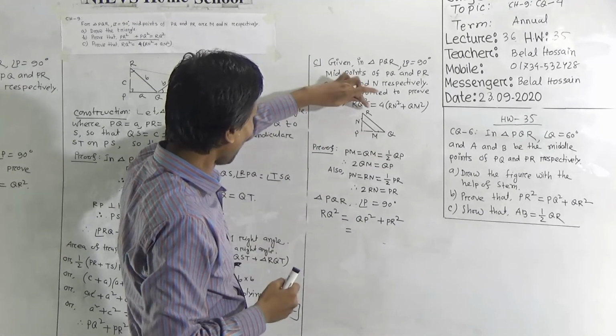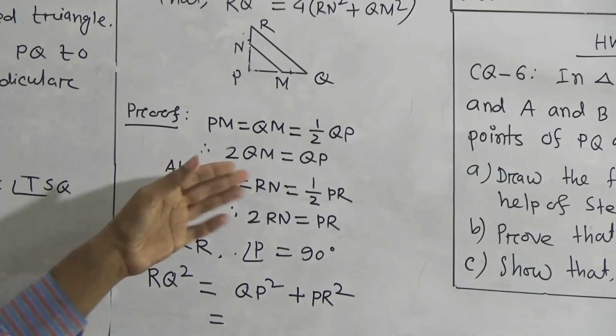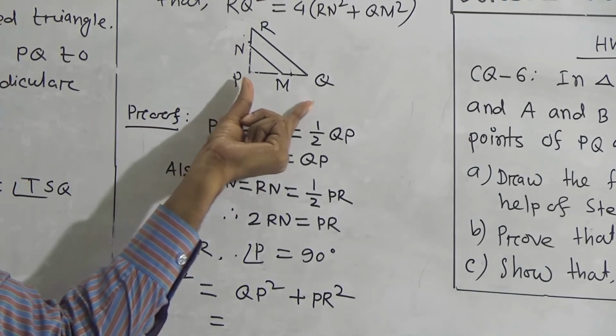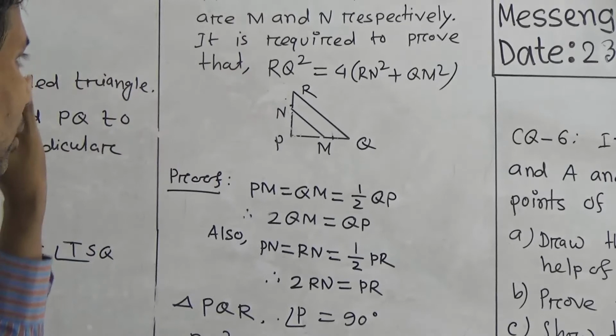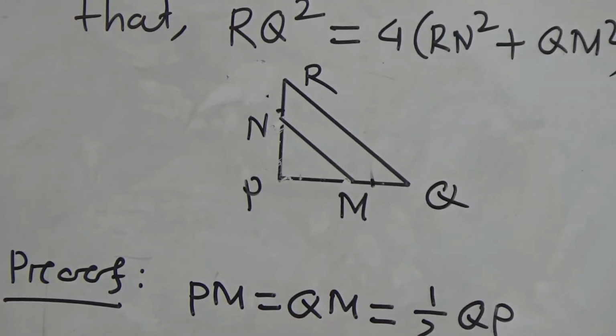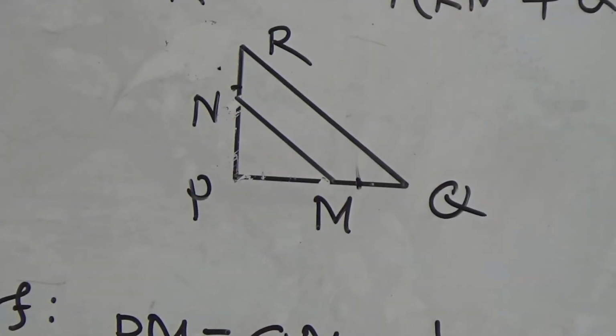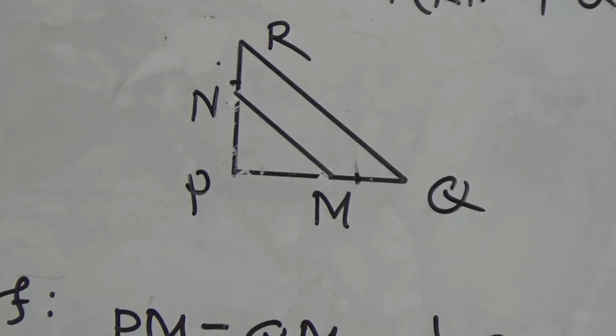That means RQ is the hypotenuse. So hypotenuse equal to other sides. You see, other sides are PQ and PR. Therefore, we can say PQ square or QP square, I told you QP square or PQ square are the same, PR square or RP square same.